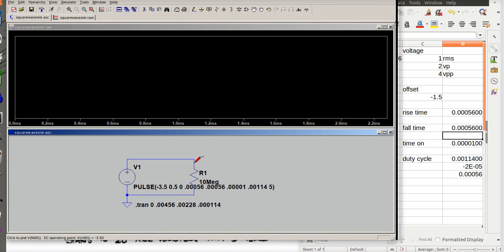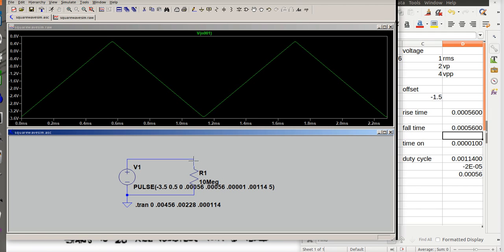And I want to look at the top of the resistor with respect to ground. And there is my two triangle waveforms from -3.5 to 0.5. So it's got the 1.5 volt offset. It is 4 volts peak to peak, 2 volts peak.